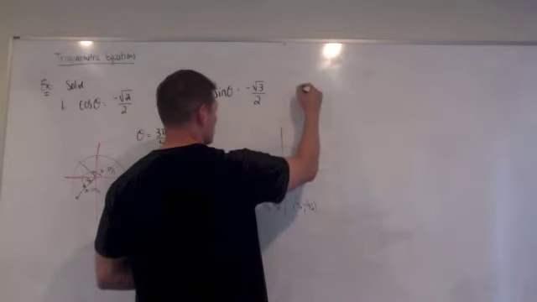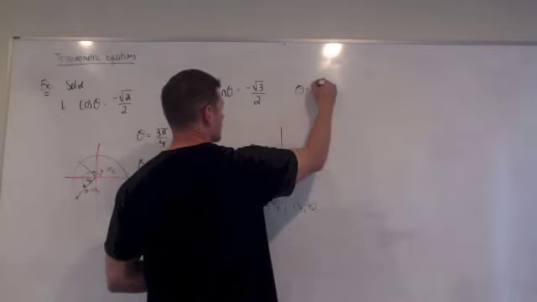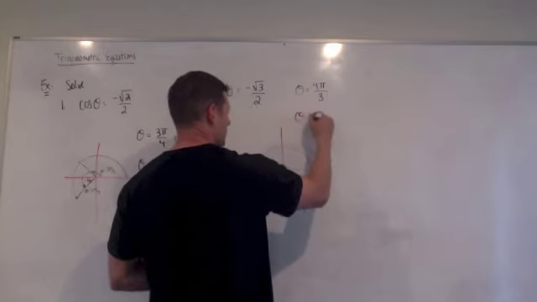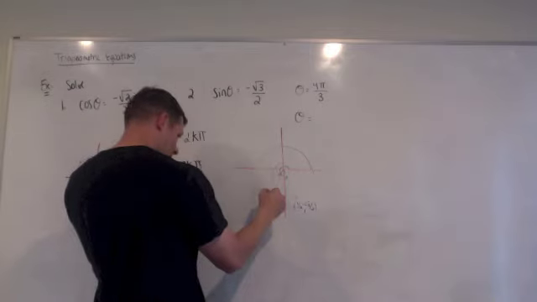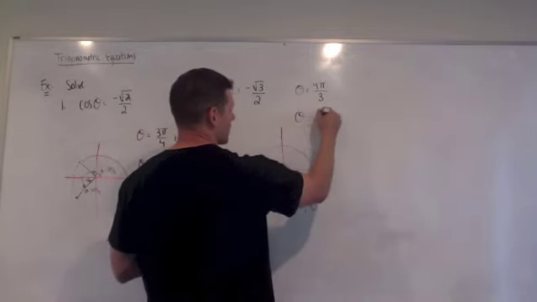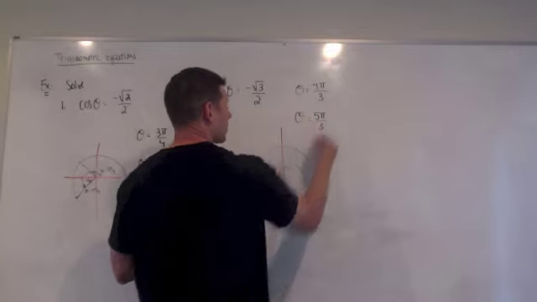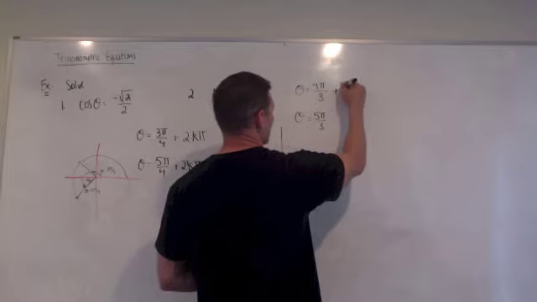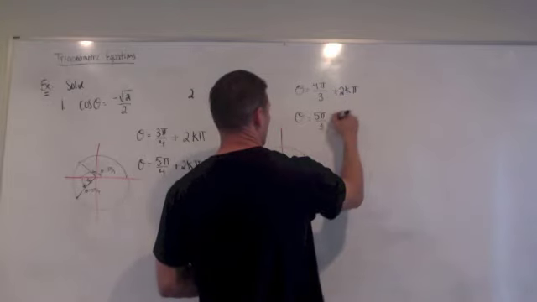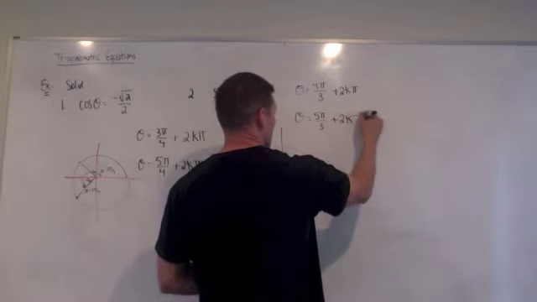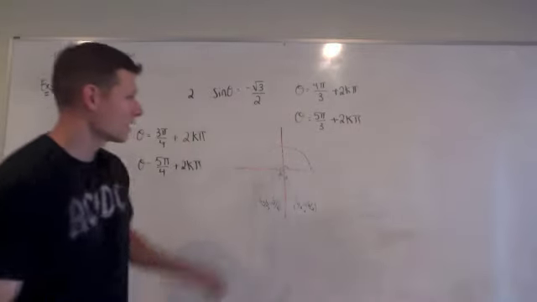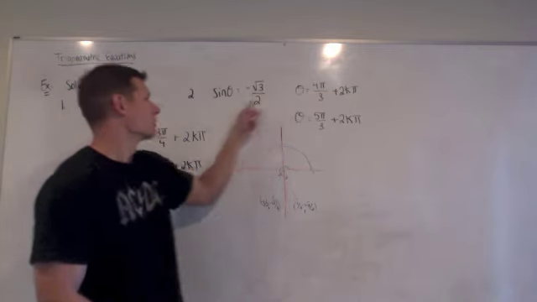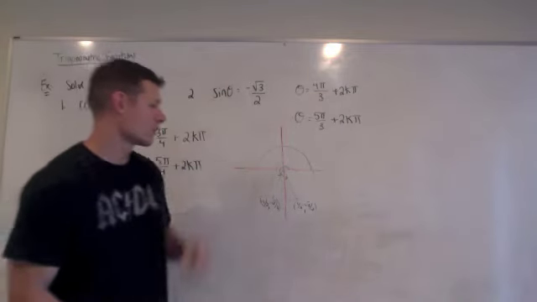So one of my solutions will be theta equals 4 pi over 3, but also theta equals 5 pi over 3, plus any integer multiple of 2 pi. So I say plus 2k pi, plus 2k pi. And that gives me all possible values of theta, for any integer k, such that sine of theta equals negative root 3 over 2.